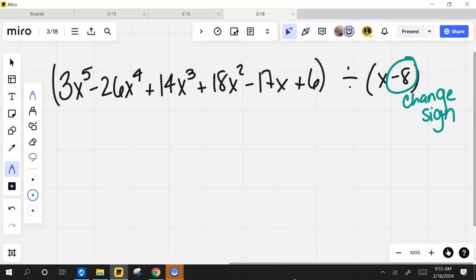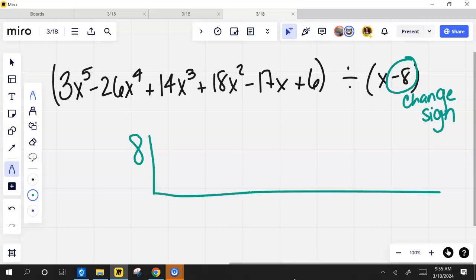So instead of -8, it's going to be a +8. We're going to do an upside down division sign with enough room for 2 rows of numbers in here. Okay? So you'll have a row of numbers here and a row of numbers here.